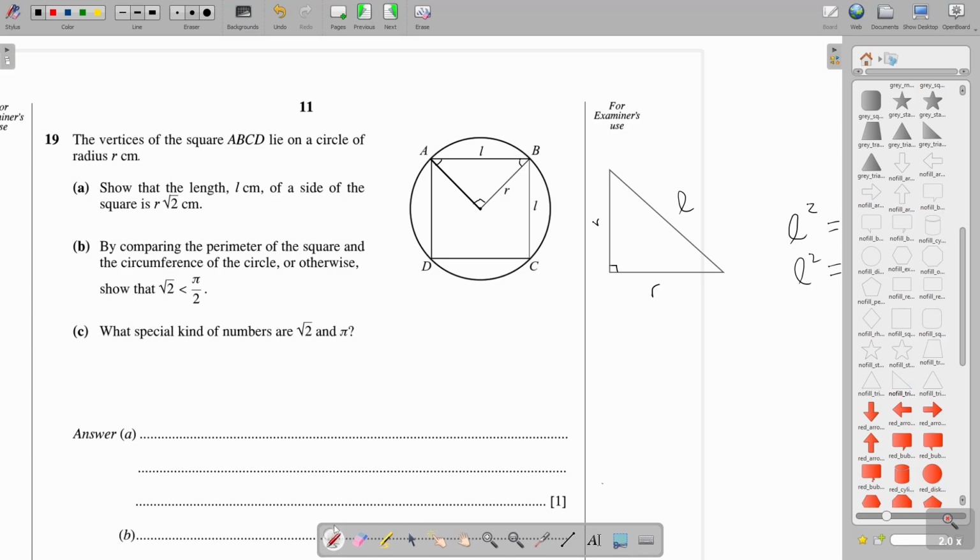So since we have to explain that, we have to say AB form a right triangle with the center, with sides R, L. I'm terrible at writing today for some reason.